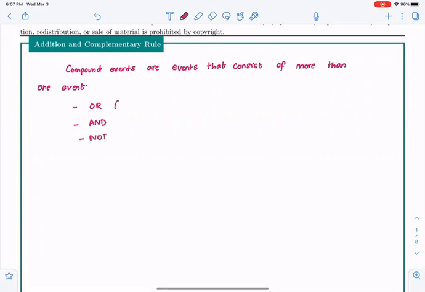Or is also called union, and is intersection, and not is the simplest of all, which is the complement.